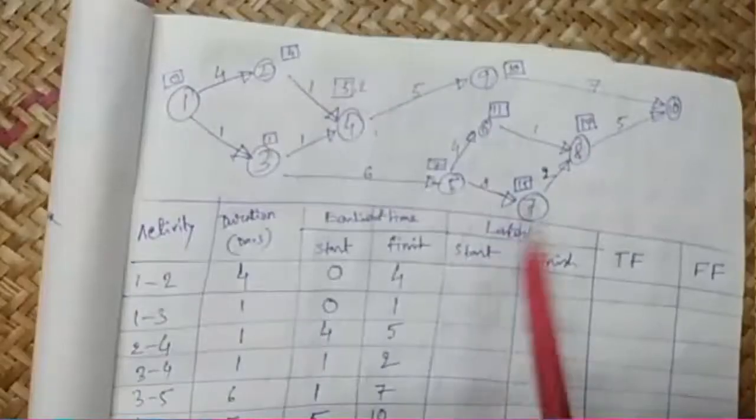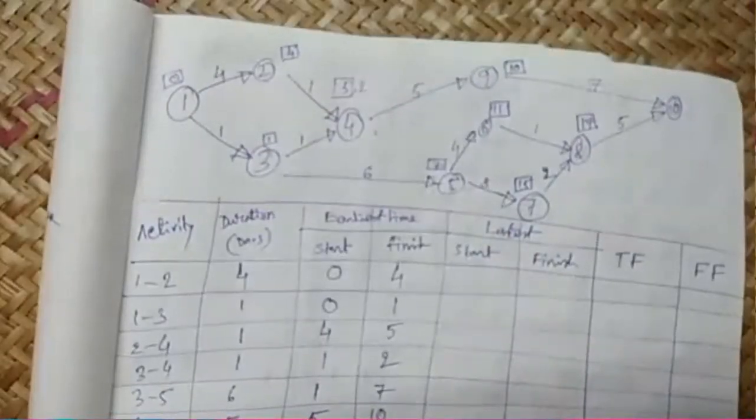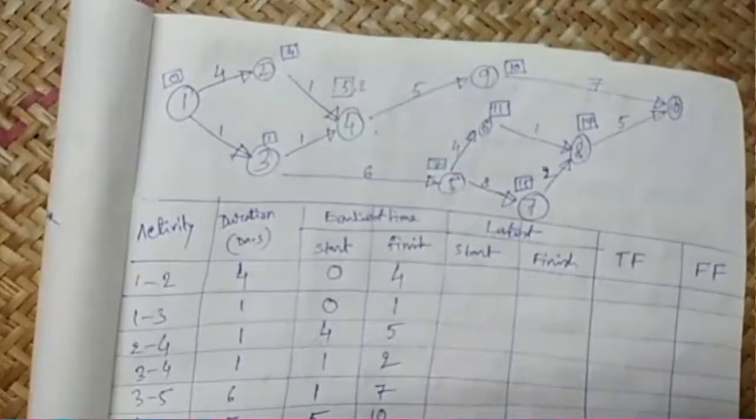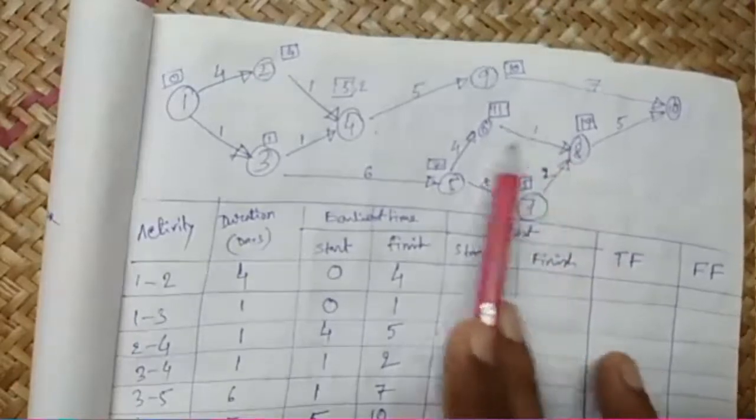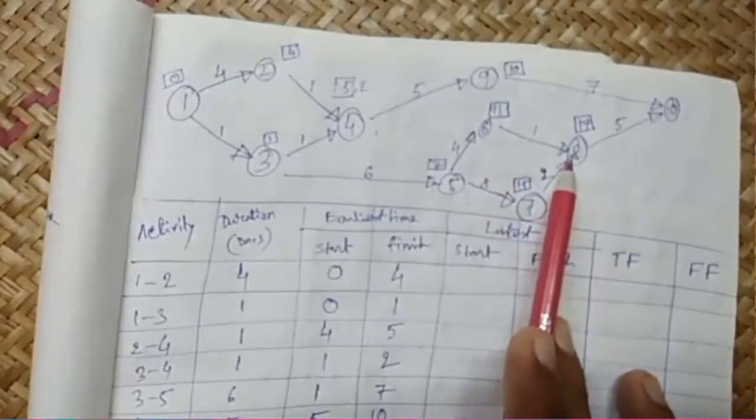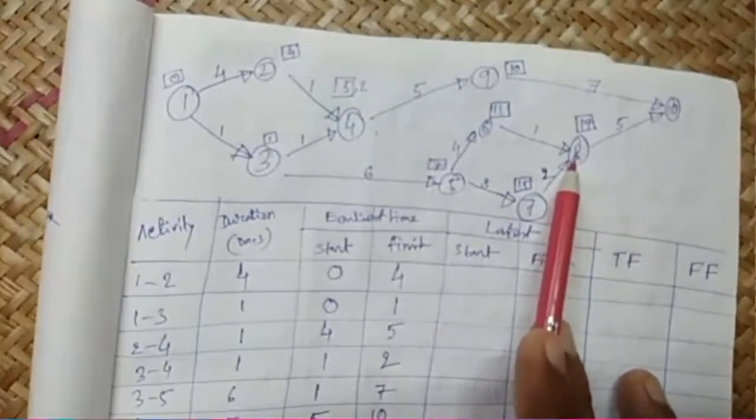Look carefully. 6 8 starts at 11, takes 1 day, and ends on 12. So this 6 8 activity can be finished on 12 days. This is the earliest finish.